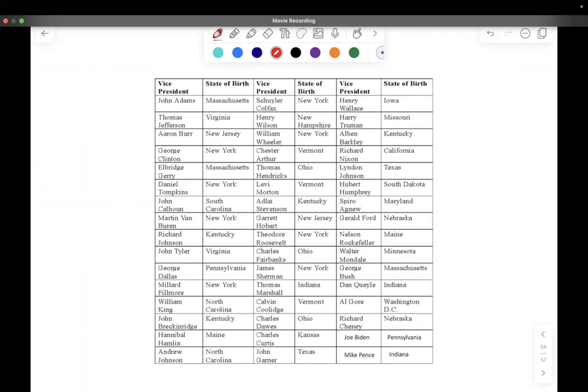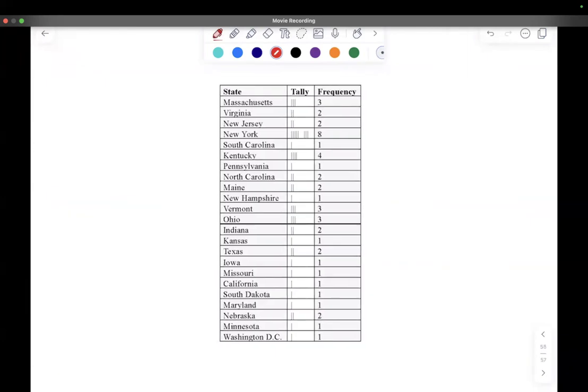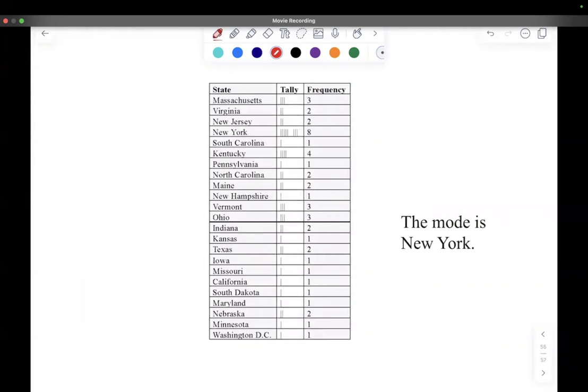And we're going to find the mode. You could find it looking at the table, but it's going to be easier once I put it like this, since it's not raw data. So you can see that I have 8 vice presidents from New York. There's 8 of them born in New York. Therefore, the mode is New York.